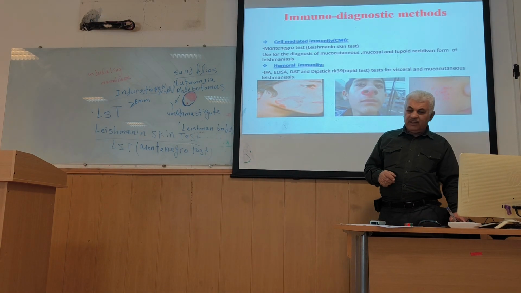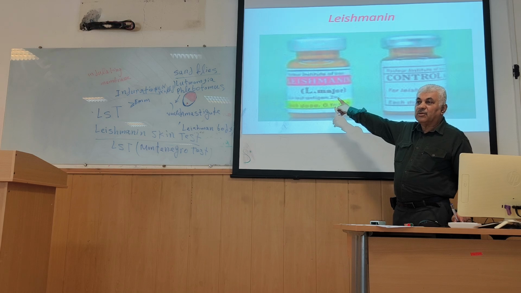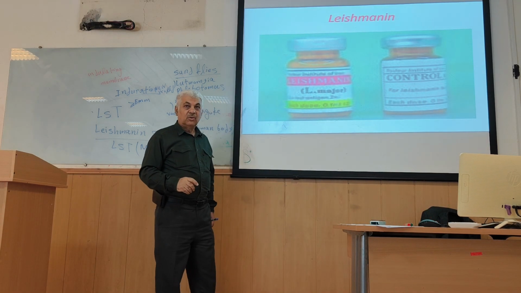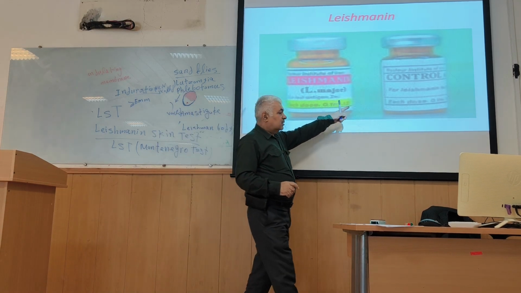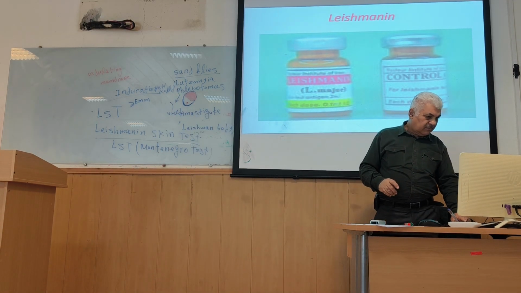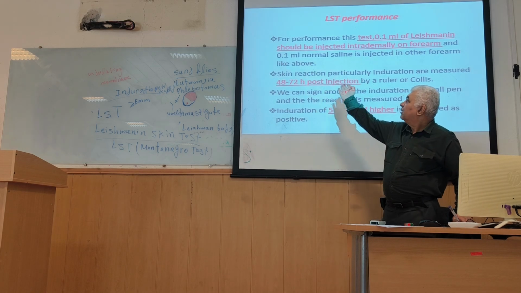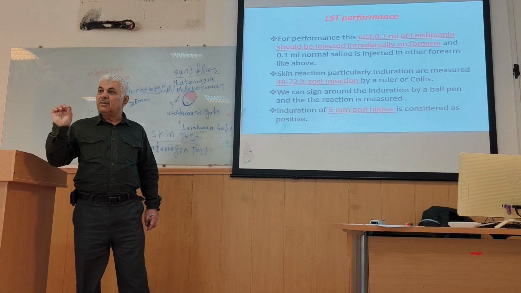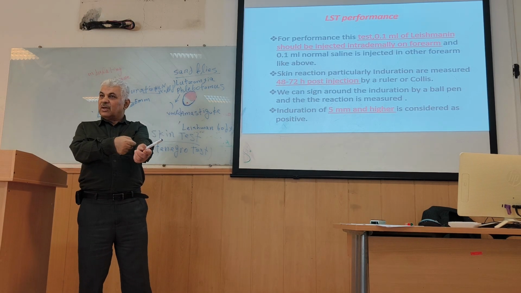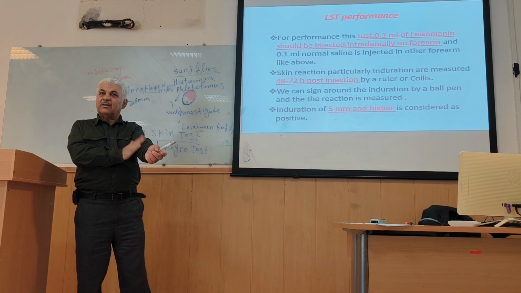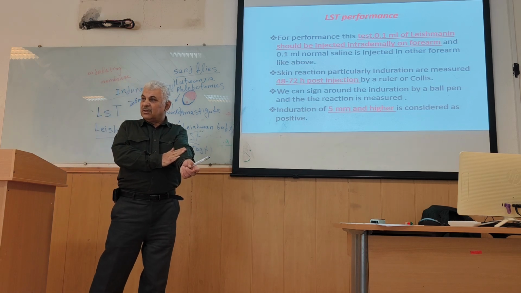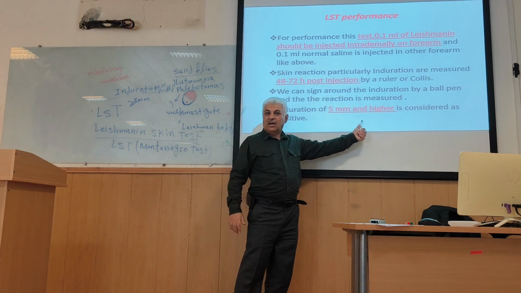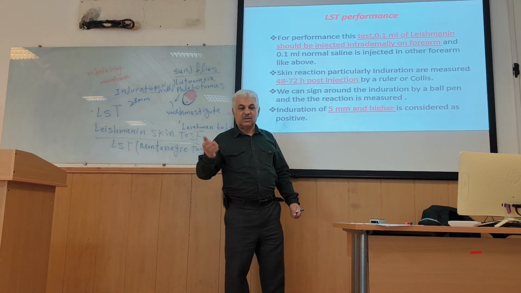As you see in this slide, this is leishmanin produced by Pasteur Institute of Iran under the WHO. It is controlled. The procedure of the test is 0.1 milliliter intradermal and the reaction read from 48 to 72 hours. And 5 millimeters and higher is considered positive.